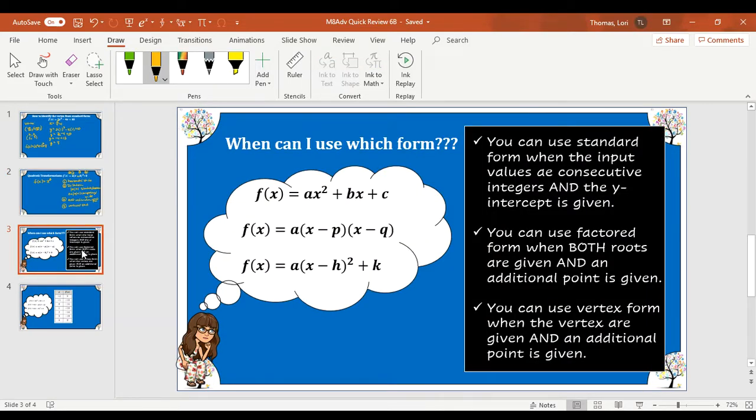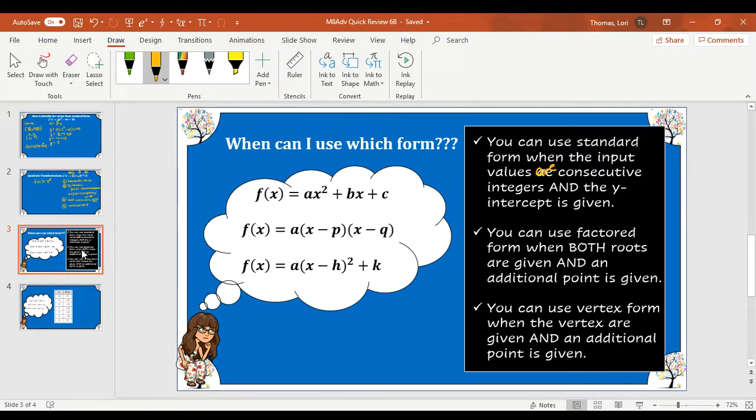Okay, the last little tidbit: which quadratic equation are you going to use? It all depends on what you have been given. So you can use standard form when your input values, that should say are consecutive, integers, and the y-intercept is given. If you want to pause this video and write this down, by all means do that.